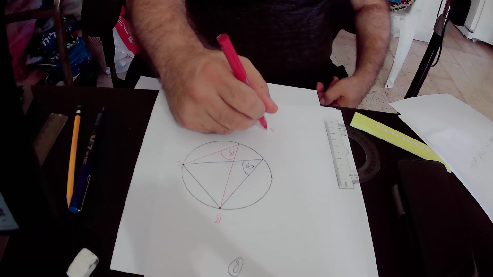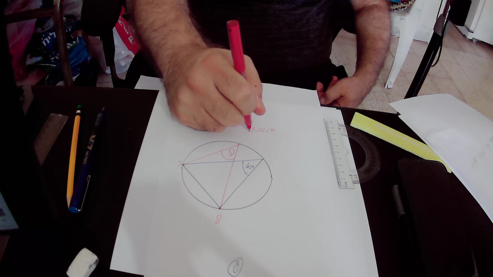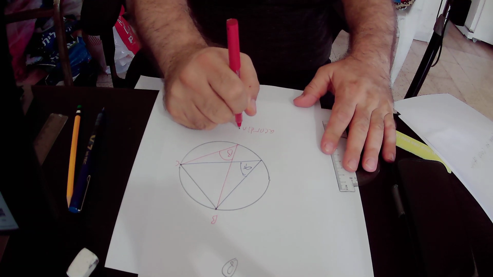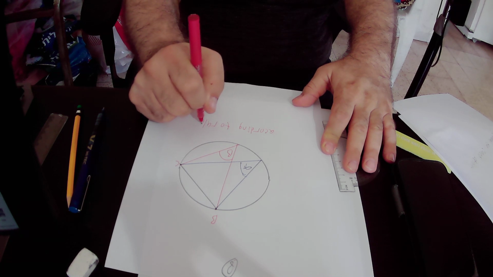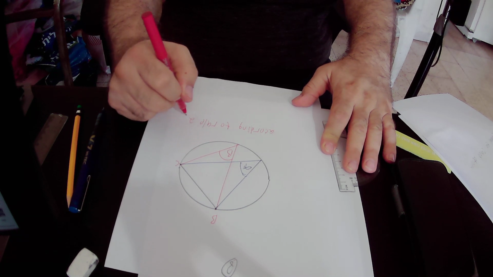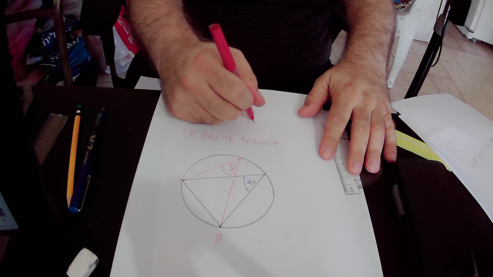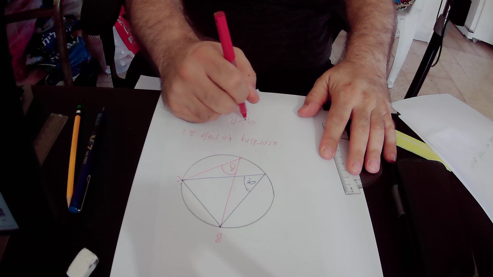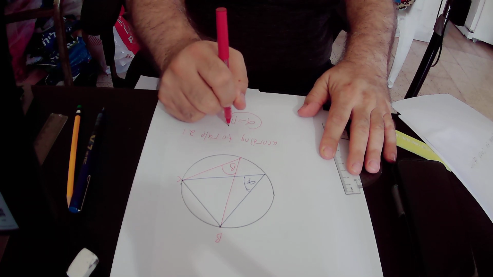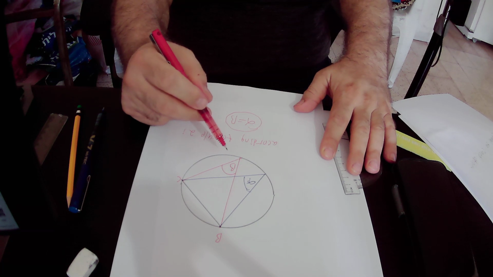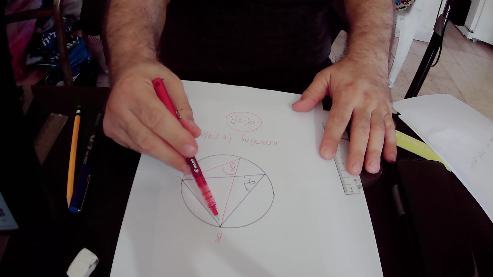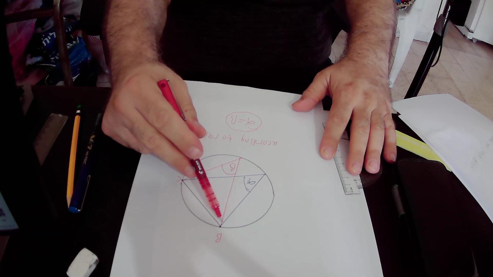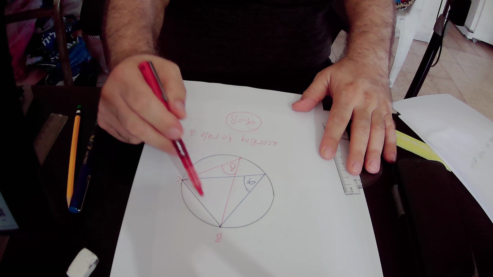So according to rule number 2, alpha equals beta because both peripheral angles rest on the same chord, or the same string, BC.